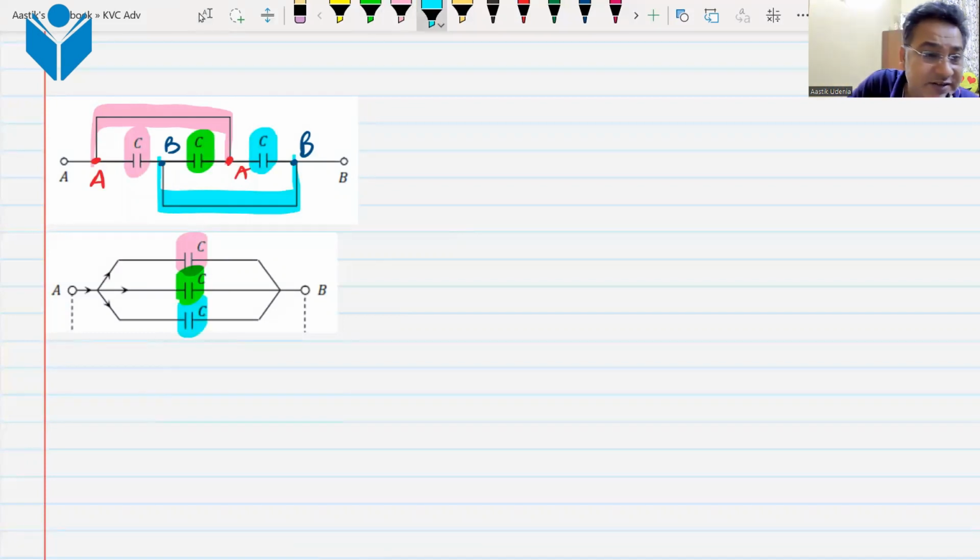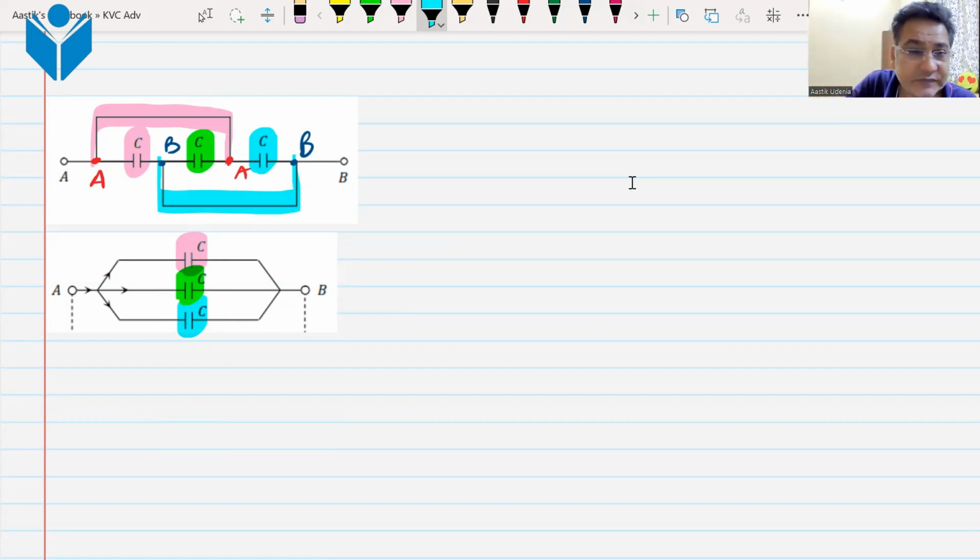So these 3 capacitors, as you can see very clearly, are connected in parallel, and therefore the equivalent capacitance will become 3C. Do we understand this?